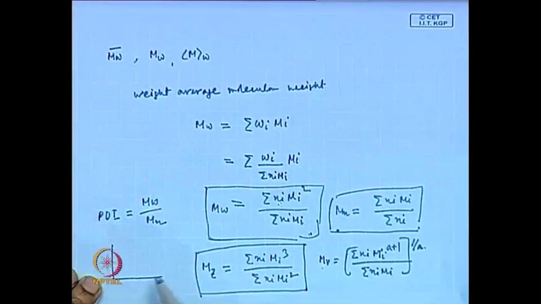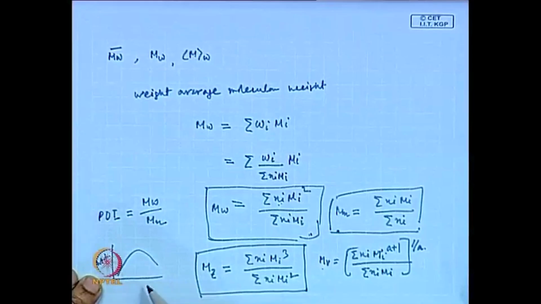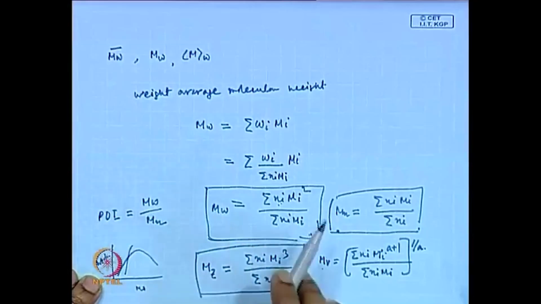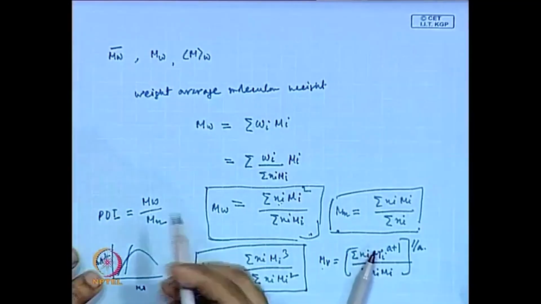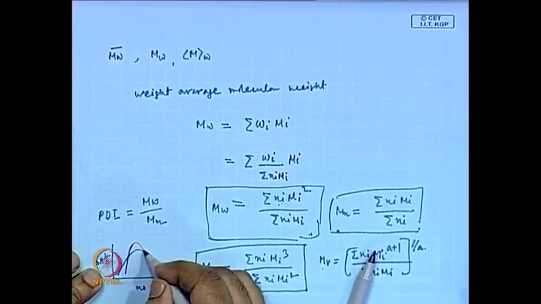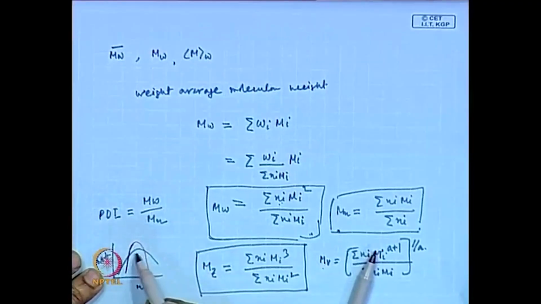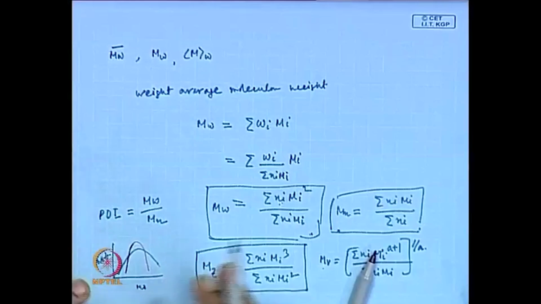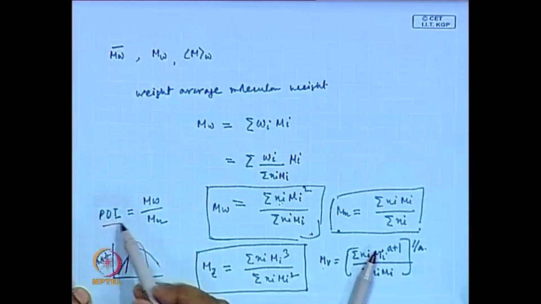If you have a polymer sample with weight fraction like this compared to something like this, they may have similar molecular weight averages, but this will be much broader, and the PDI value for this sample will be much higher compared to the value for this sample.